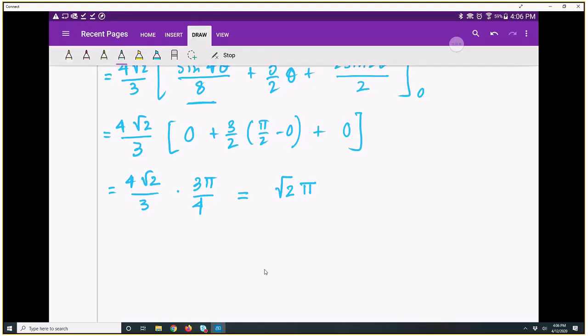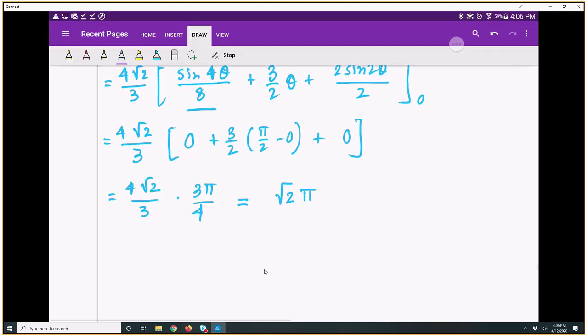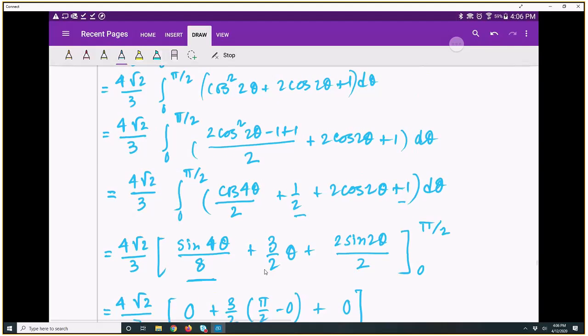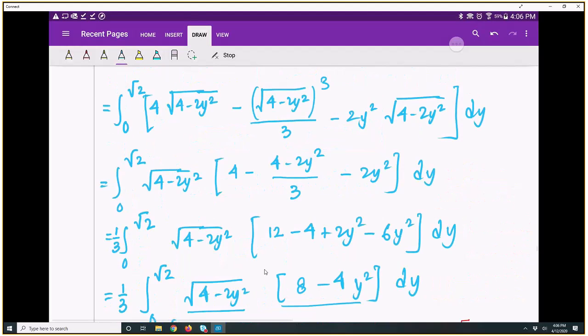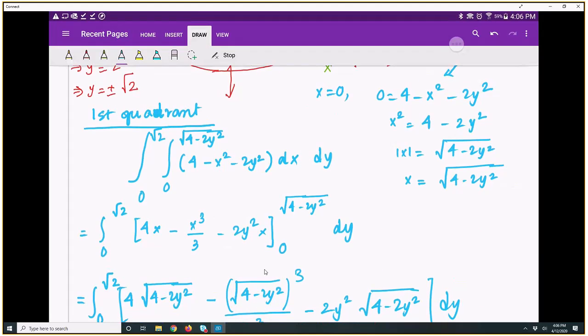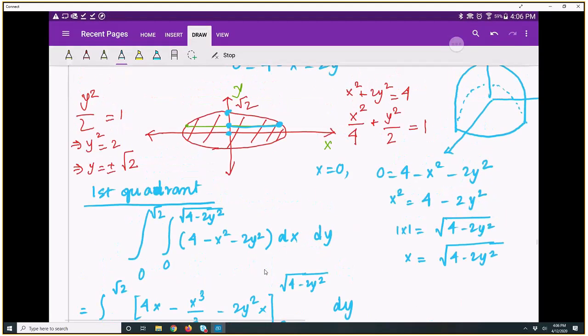Now remember, this is the volume of the figure only in the first quadrant. That's the work we have produced so far. Using the symmetry of this surface now, if the volume in the first quadrant is what we found, and I multiply that by 4, I get the required volume.